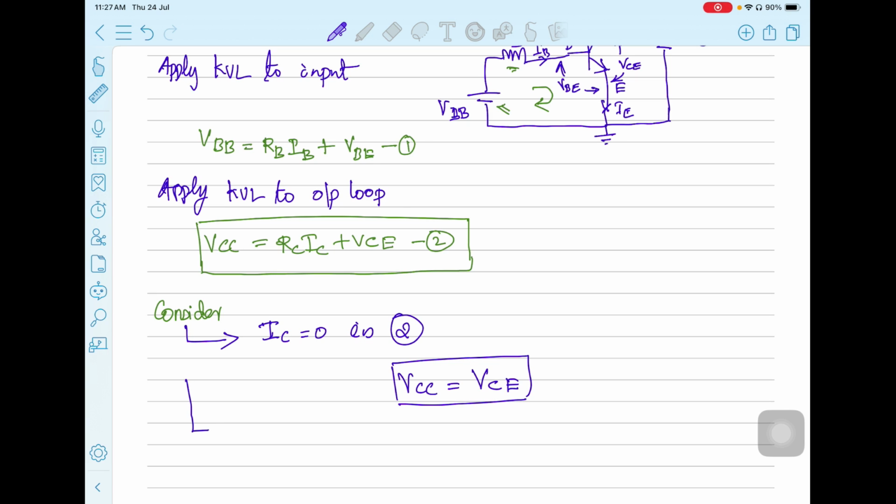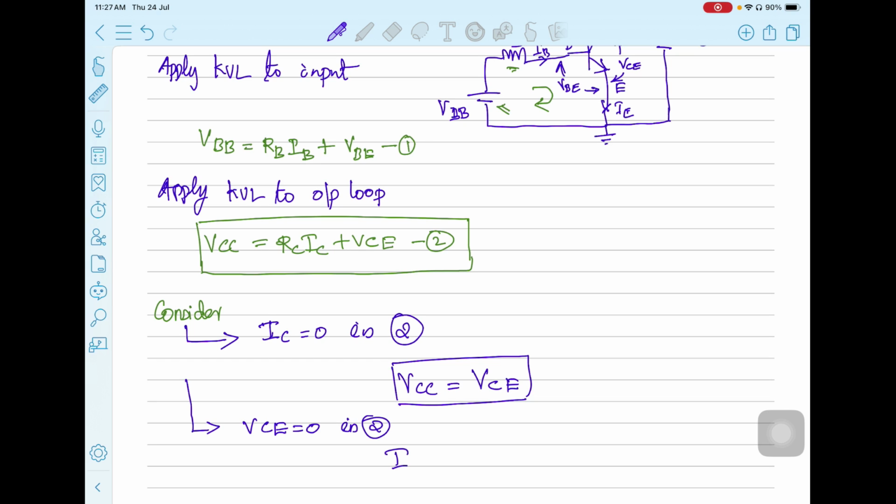Next, I will apply VCE is equal to 0. When VCE is equal to 0, in the same equation 2, this term will be cancelled.